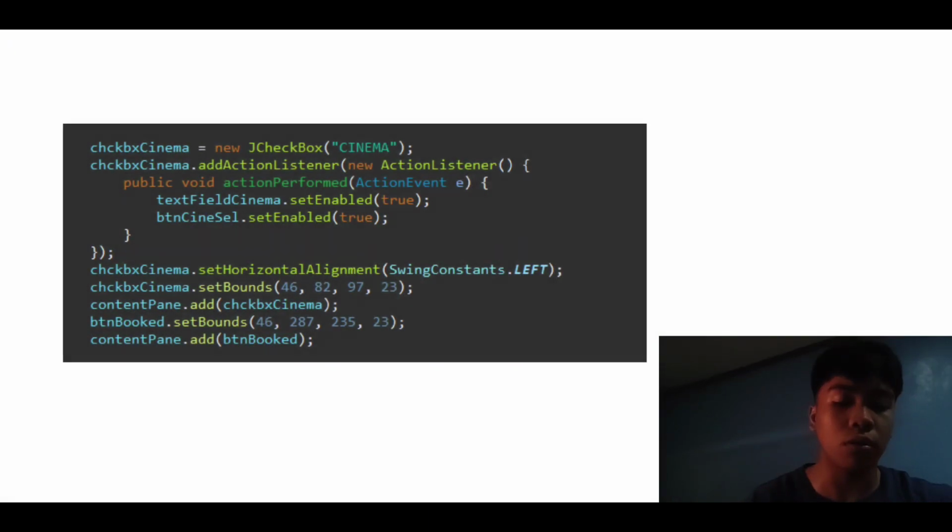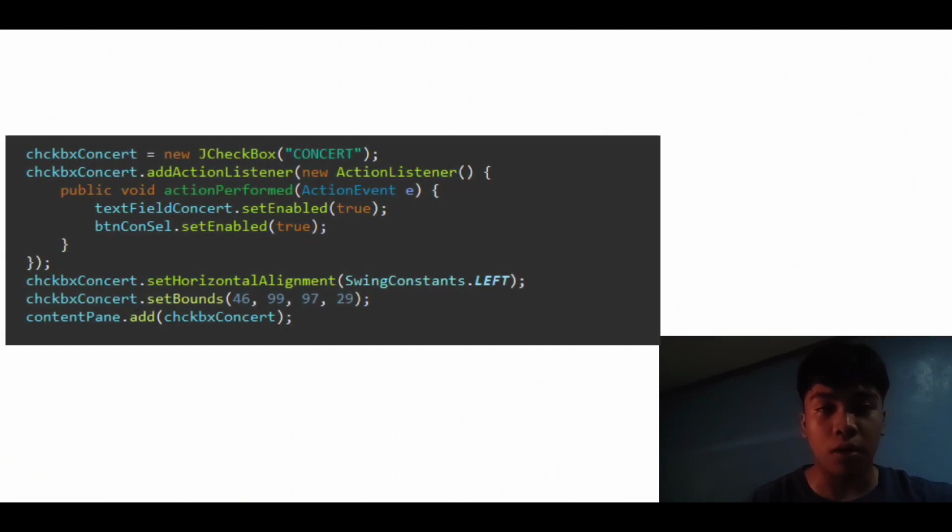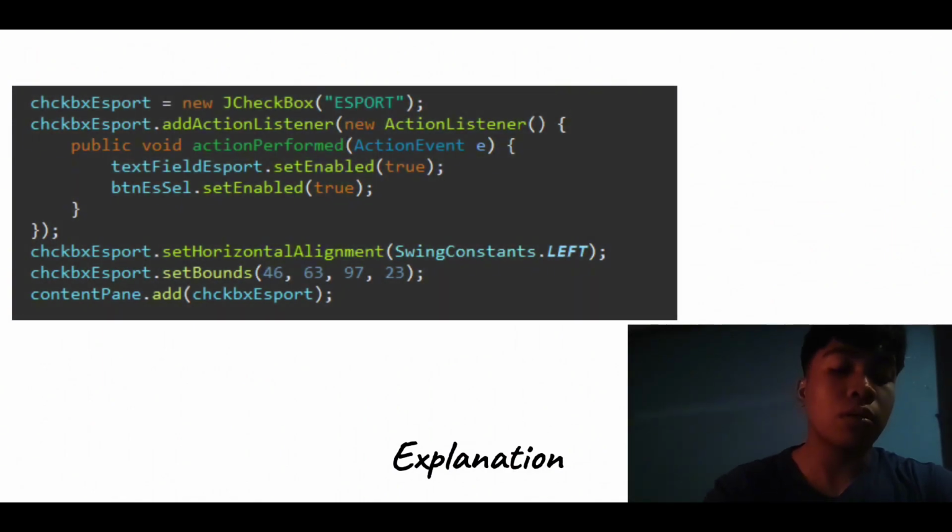And here I will show you the code for why the user has access after checking the JCheckBox. As you can see on the screen, in the code snippet the JCheckBox variable is named checkboxEsport, and the text is Esport. There is an action listener, which I discussed before, wherein if the user checks the box, the text field and button will be set to true.